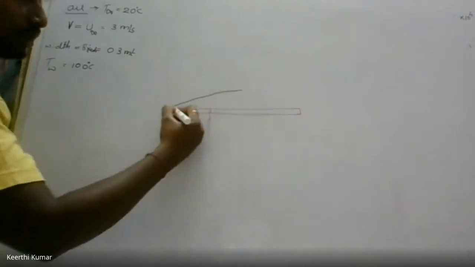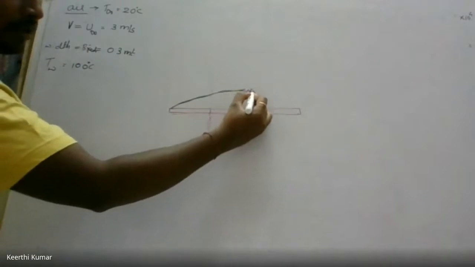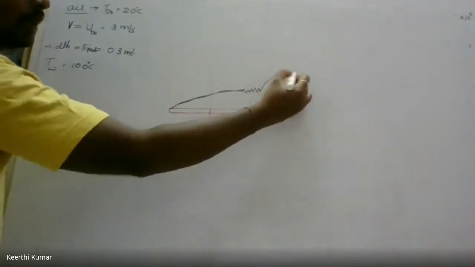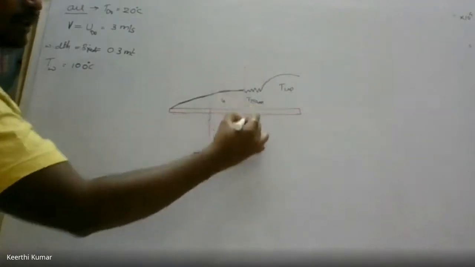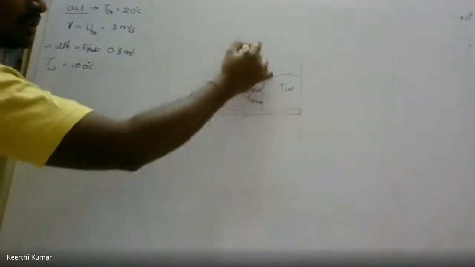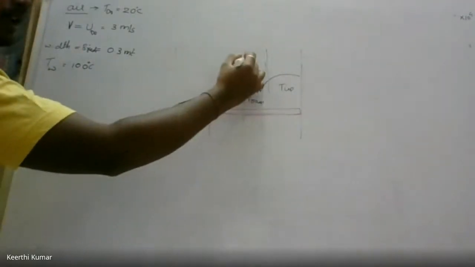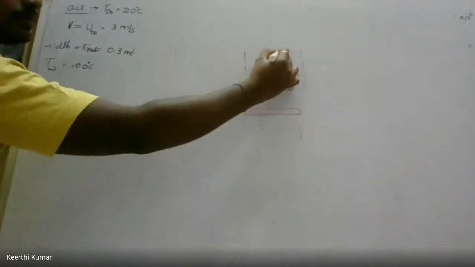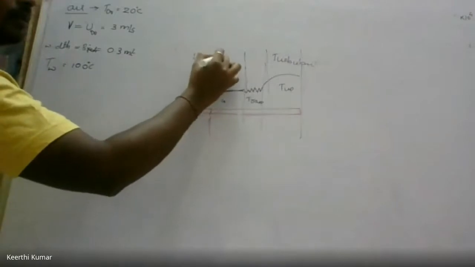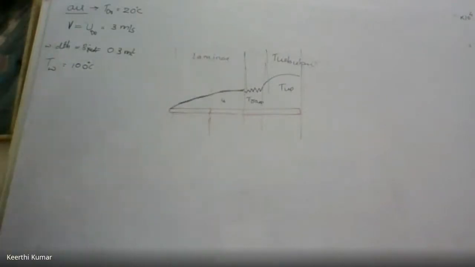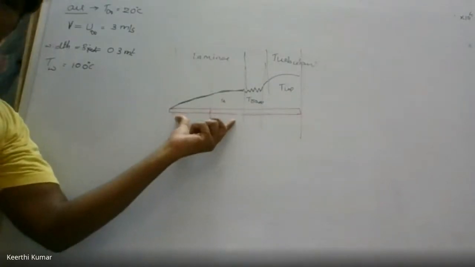Up to a certain distance of x, it will be laminar. Later on, it will become transition. Later on, it will become turbulent. If I divide this, do you remember the first class? I divided this into 3 zones. The first zone from the leading edge to here is laminar, then transition, and turbulent. If the plate length is small enough, then the entire process will be laminar only.